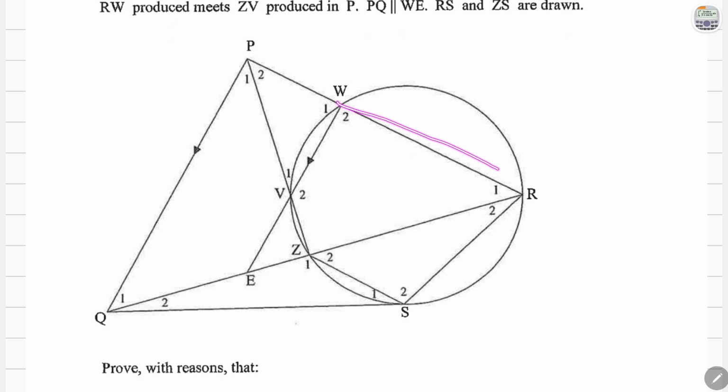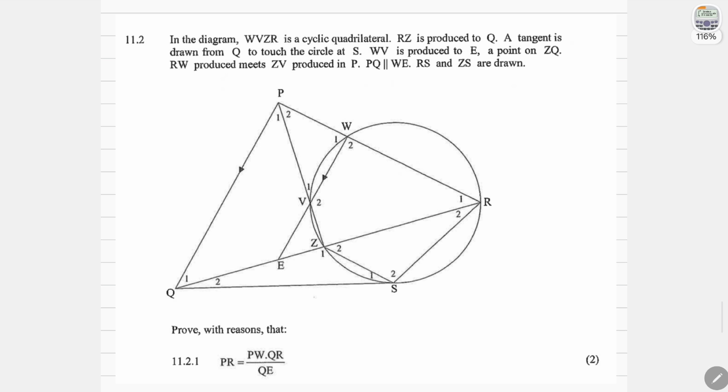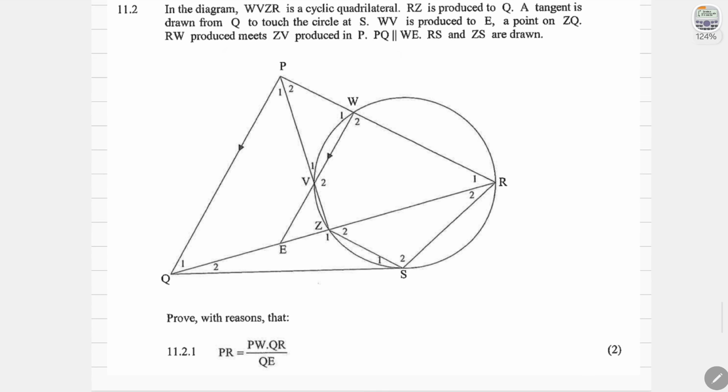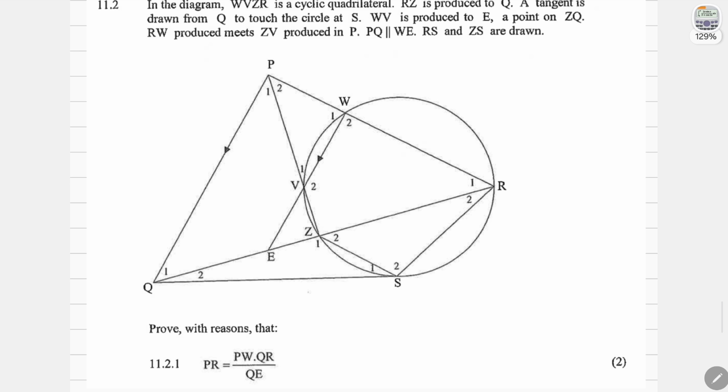So this is one of those ones where they unfortunately don't give you the actual sizes of the angles. So you need to be really careful here. Make sure to use highlighters and mark things out as you find them. So the first question says, prove with reasons that 11.2.1 PR, and immediately I see this, I will start highlighting.